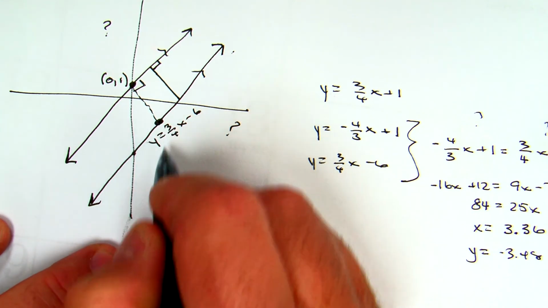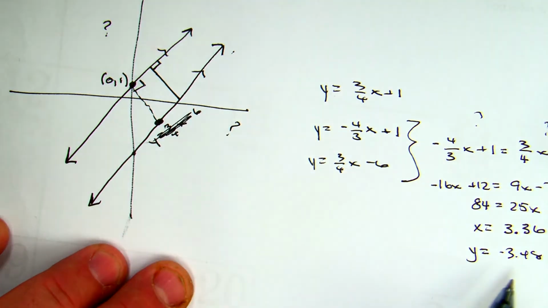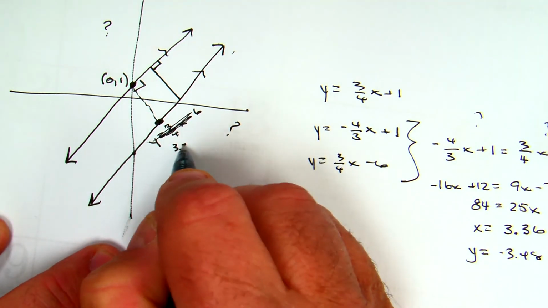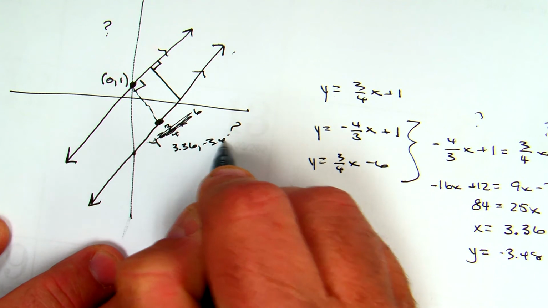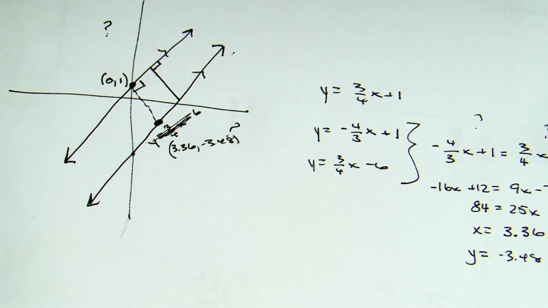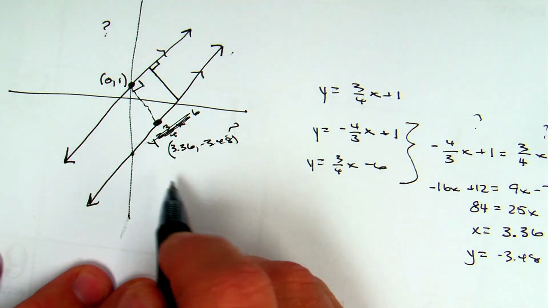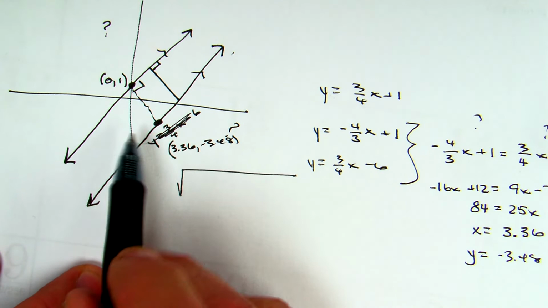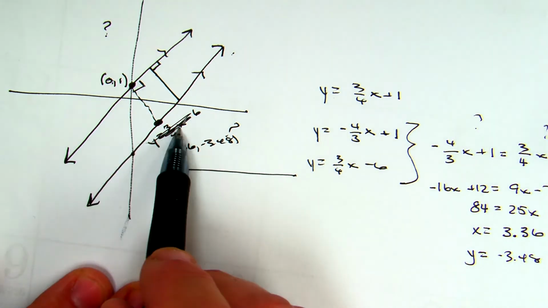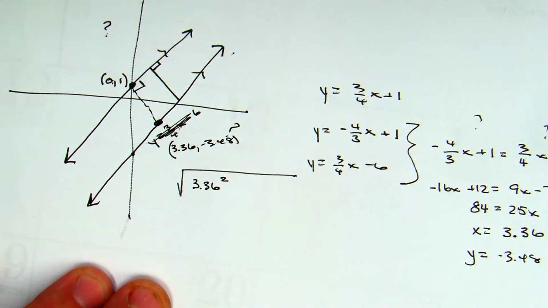So now I'm finding the distance from (0, 1) to (3.36, negative 3.48). Now notice this said to round, although you're not going to actually have to. Maybe it comes out to an exact decimal, but in case it doesn't, we're finding the distance from 0 to 3.36. Whether we use the distance formula or the Pythagorean theorem, that would be 3.36 squared.